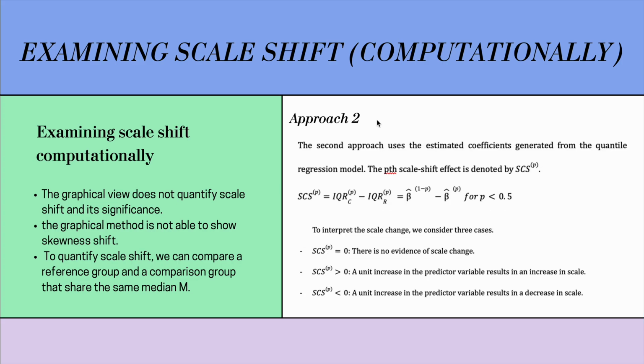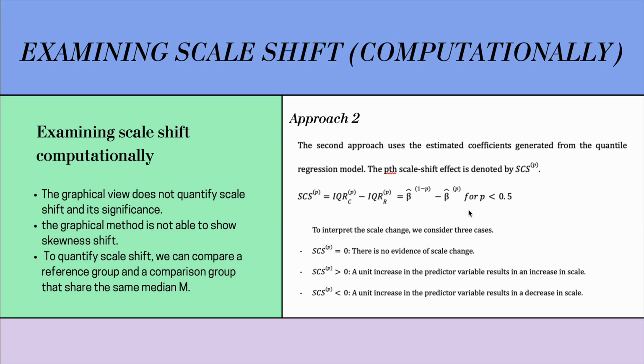Now, the second or alternative approach uses the estimated coefficients generated from the quantile regression model. So, here we can use the beta hat coefficients of the quantile regression. The pth scale shift effect is denoted by SES of P, where SES of P is computed using beta hat of 1 minus P minus beta hat of P. Now, why are we subtracting beta hat 1 minus P and beta hat P?